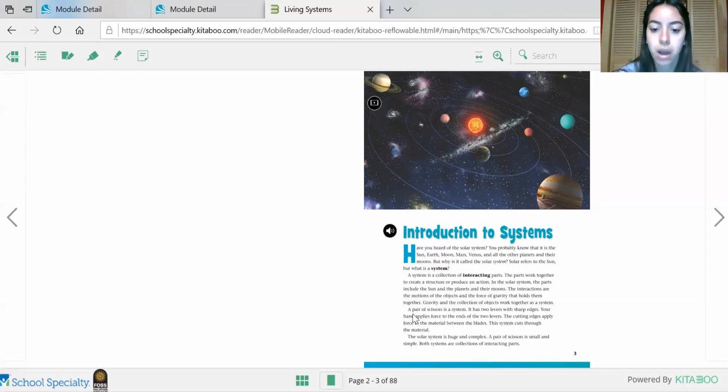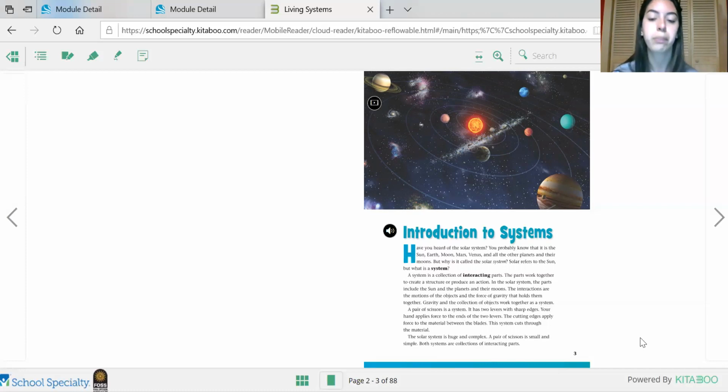So down here it says a pair of scissors is also a system. It has 2 levers with sharp edges. Your hand applies force at the ends of the 2 levers. The cutting edges apply force to the material between the blades. This system cuts through the material. So the solar system is huge and complex.